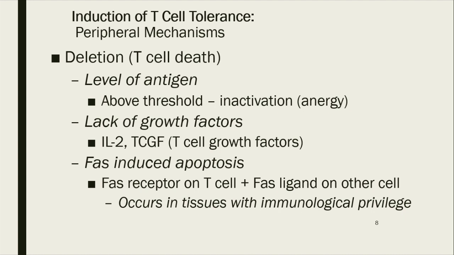Another way to induce T cell tolerance is through a deletion mechanism. If there is an absence of co-stimulation, i.e. there are not enough antigens there, the cells can be inactivated. We'll come back to this term anergy in later slides. Then, with a lack of growth factors, such as IL-2, the T cell growth factor, you're not feeding them, so they're not going to grow, and eventually they will die.